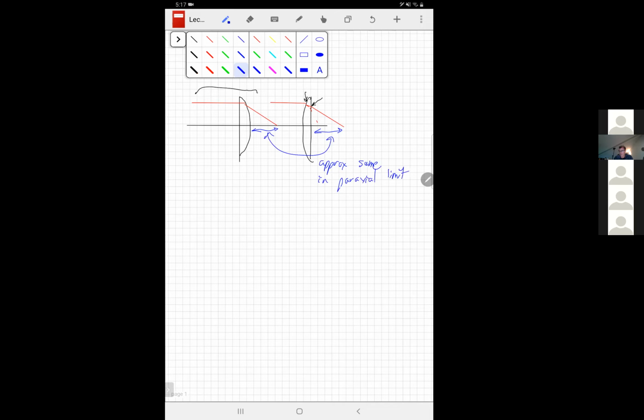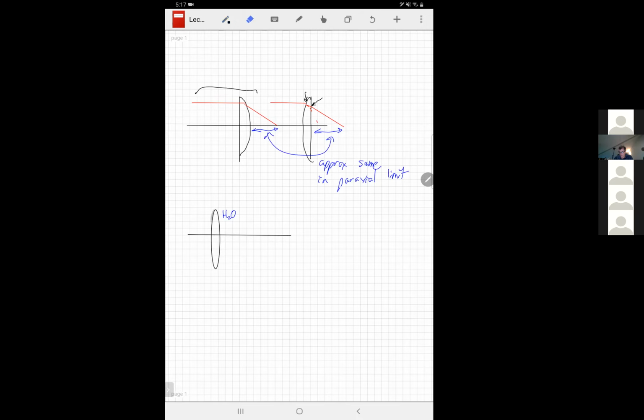Whereas if we were to compare optic axis, lens, I'm going to put H2O here, all right, and I should probably try to make these two surfaces have different curvatures just to make everything more realistic.